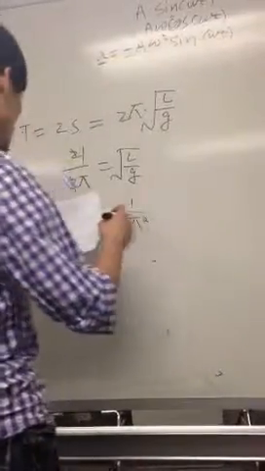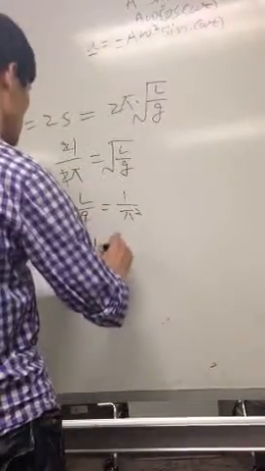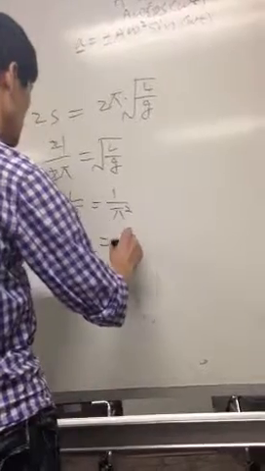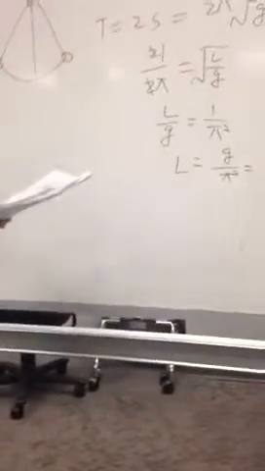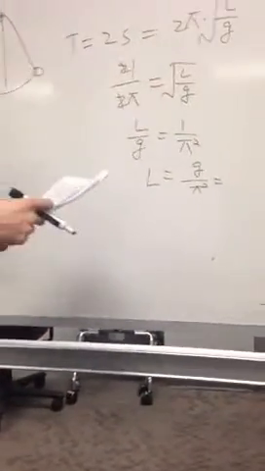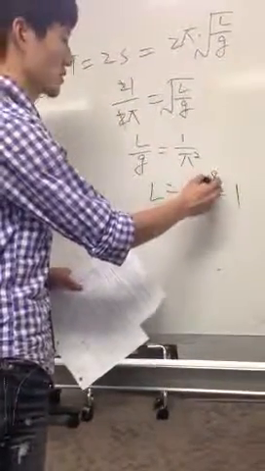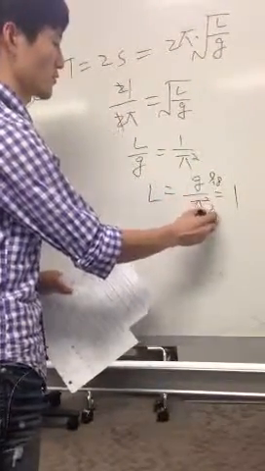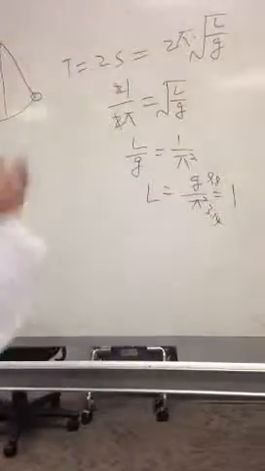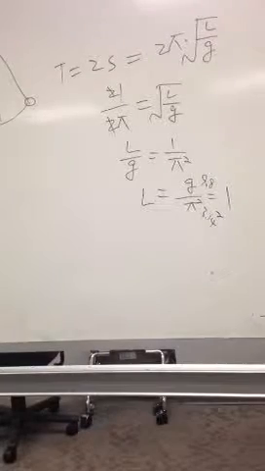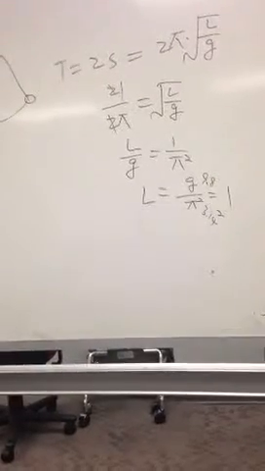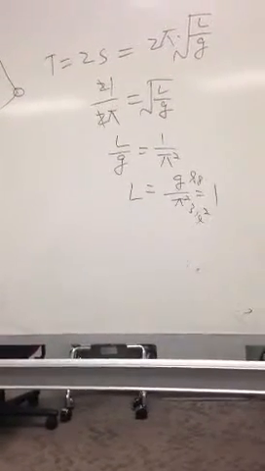So we want to know the length, which will be G over pi square. And if you plug in the numbers, G is 9.8, pi is 3.14, so it's close to 1. Because here's 9.8 over 3.14 square, it's close to 1. So this question is A.